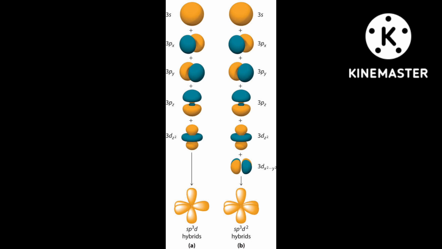The last orbit is 2s square, 2p4, total 6 electrons. Here the 4 oxygen orbitals, 1 2s and 3 2p, undergo sp3 hybridization, forming 4 sp3 hybrid orbitals.